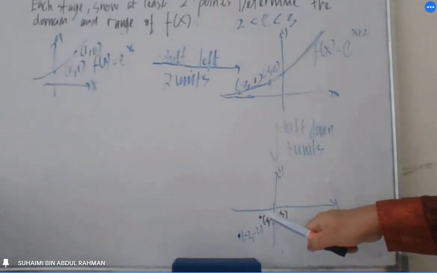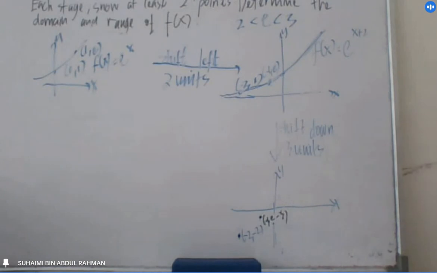Why here? We don't know the locations. But I put it here. Why? Because e is smaller than 3. What is the value of e? Is it 2.7 something? So it's going to be negative.